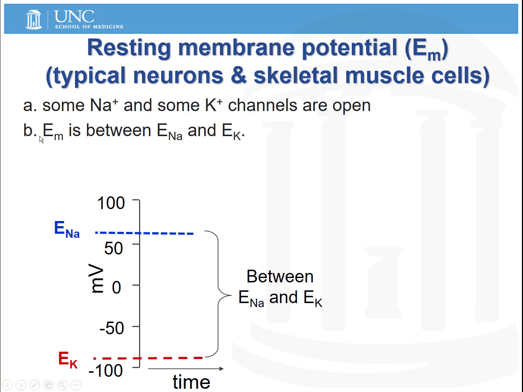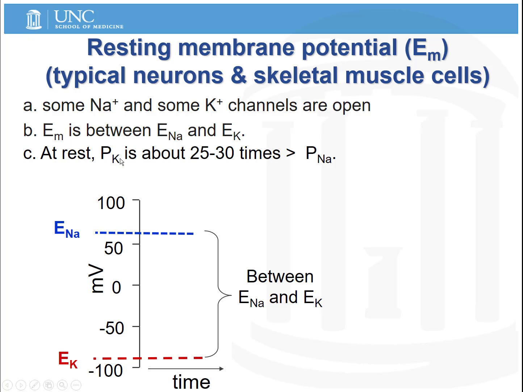So at rest in excitable cells, some sodium channels are open and some potassium channels are open. So we know that the resting membrane potential must be somewhere between the equilibrium potential for sodium, which is around positive 59 millivolts, and the equilibrium potential for potassium, which is around negative 85 millivolts. So it has to be somewhere in this range.